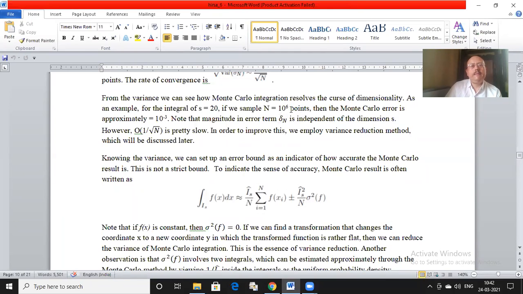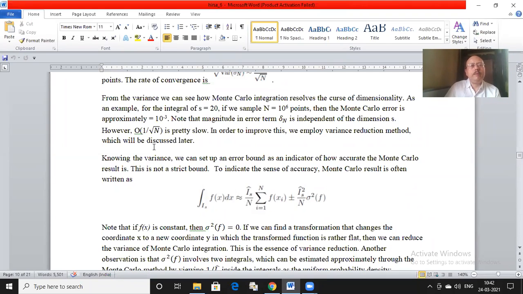And hence, if my sample size is independent of the dimension, then the magnitude of the error term will also be independent of the dimension. So that way, Monte Carlo integration sort of bypasses the curse of dimensionality.